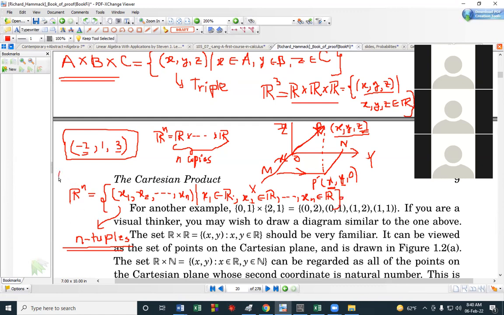This Rn is in fact R cross R cross... oh, I guess I have written it right... R, which is said with different notations. Rn: n copies of R are multiplied together, or we are taking the Cartesian product of n copies of the same set, which is the set of real numbers.